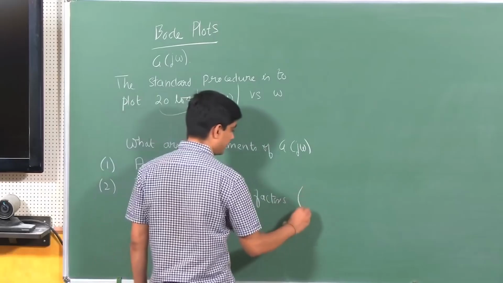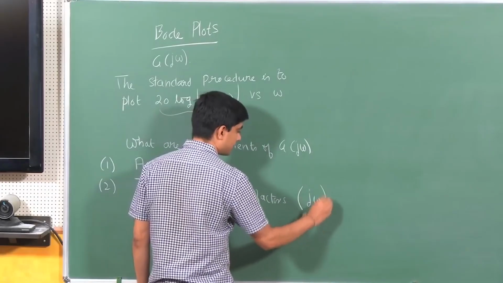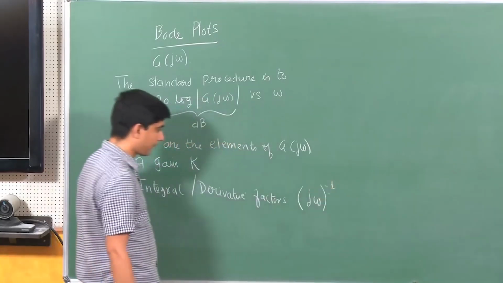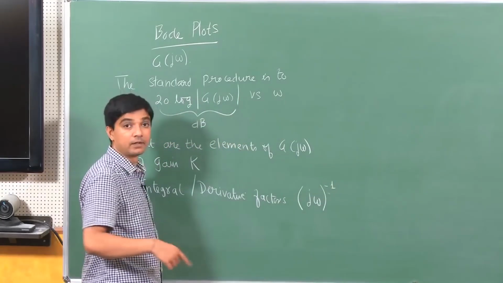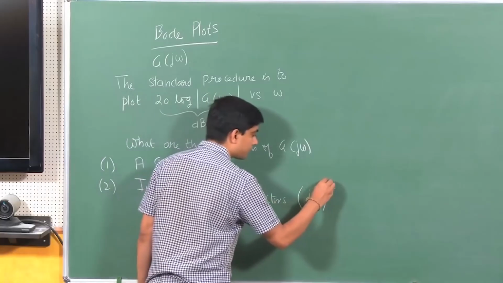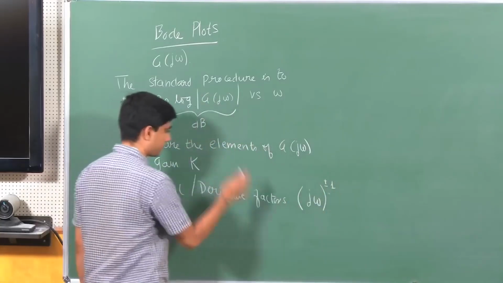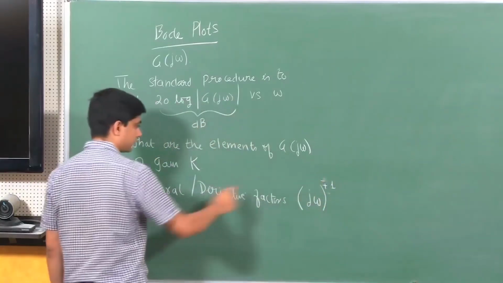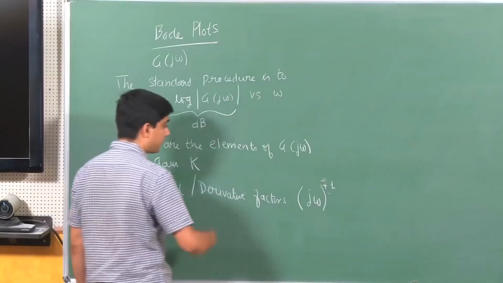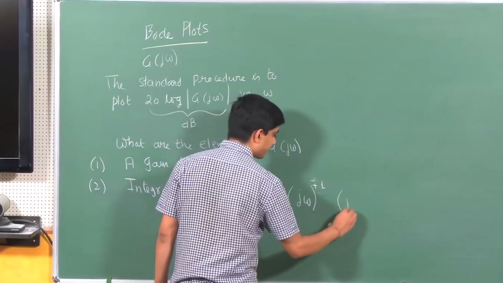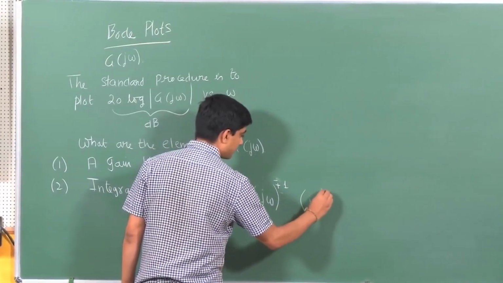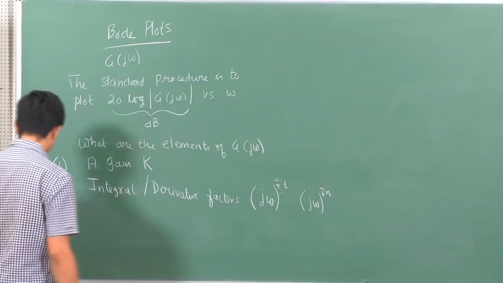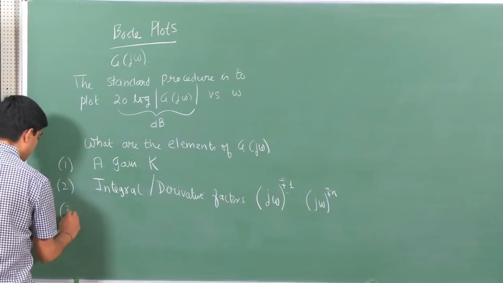An integral factor would mean a pole at the origin given by j omega to the power minus 1, and a derivative factor would be a zero at the origin, j omega to the power plus 1. Respectively it will be minus, plus: minus for the integral, plus for the derivative, and if there are multiple poles, it will just be j omega to the power minus n.